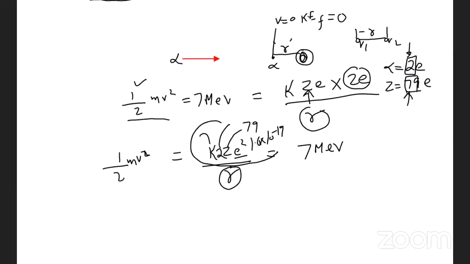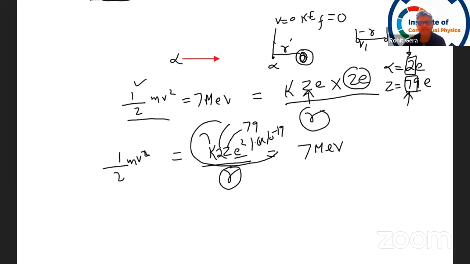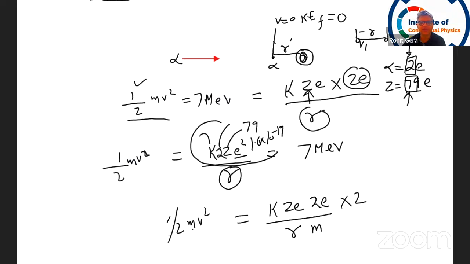Generally they ask you, for example, what was the velocity? So half mv square is equal to K Z e into 2e by r. Take this m on this side and 2 here, and you're left with v square.